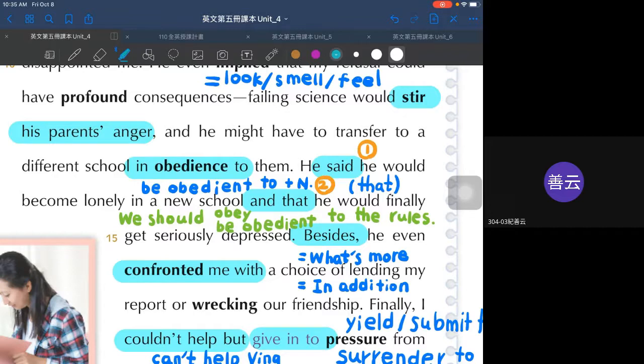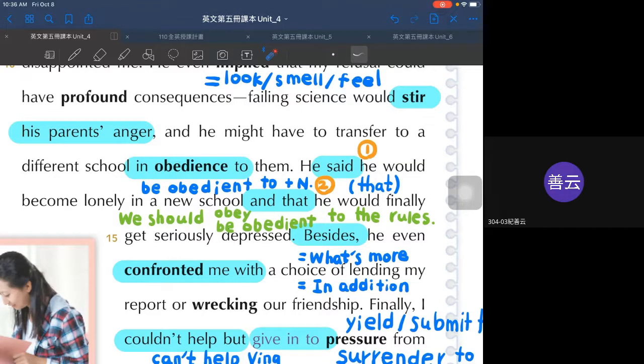The first choice will be lending my report, right? So that might be the very first choice. And what might be the second choice? So if you don't lend your report, then what will happen?